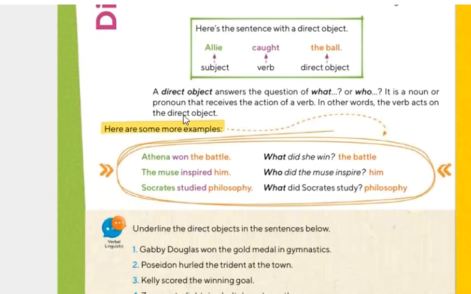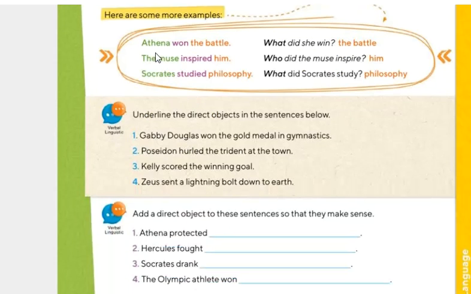A direct object answers the questions of what or who. It is a noun or pronoun that receives the action of a verb. In other words, the verb acts on the direct object. Here are some more examples. Athena won the battle. What did she win?